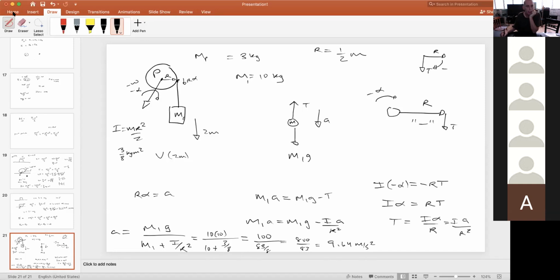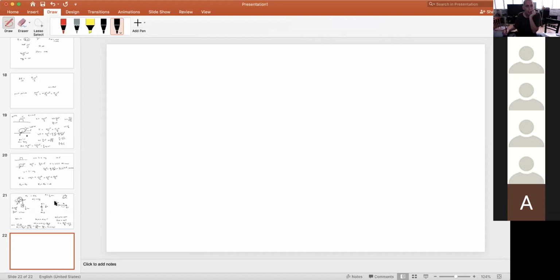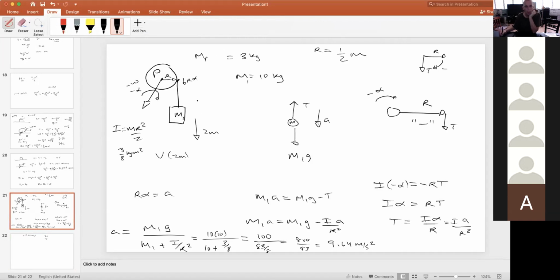Then if I wanted to, there's always that last analysis step. Since I know a is 9.64 meters per second squared, and I know that y initial and y final, I said it dropped from y initial would be 0, y final would be 2 meters with a negative sign because it dropped, right?